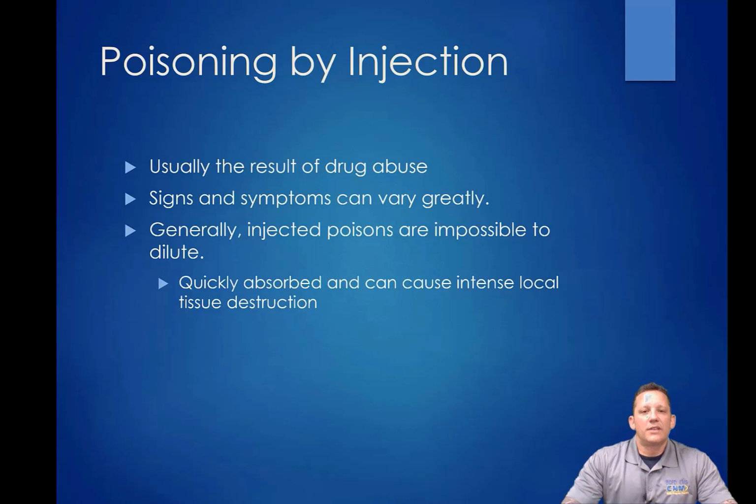The uncleanliness of the way they obtain and administer this drug will cause massive tissue destruction at the injection sites, so you'll see patients that have large abscesses and other damage in multiple locations.